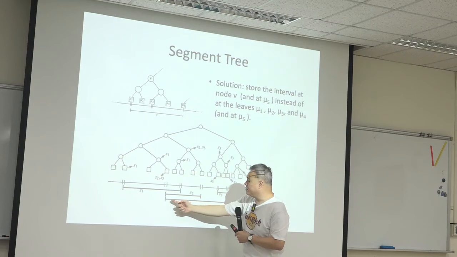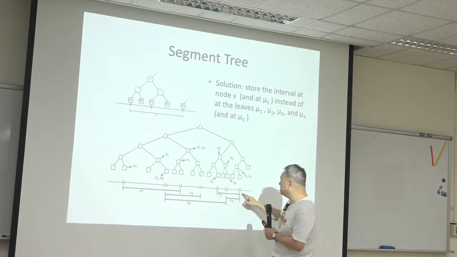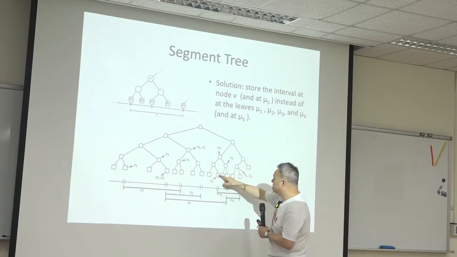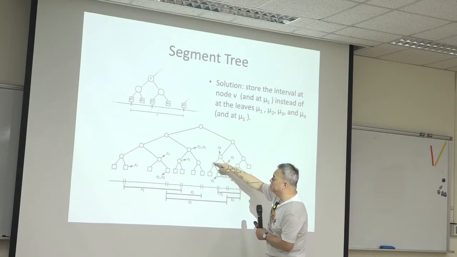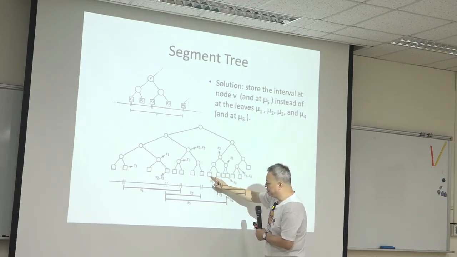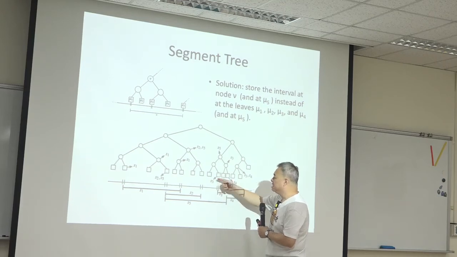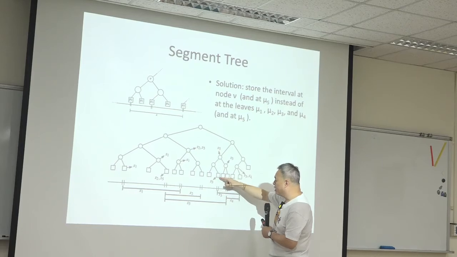For S3, from here to here, we store it here. Unfortunately, we cannot push further, because the interval represented by this leaf node is not part of S3. So we store S3 at this node.